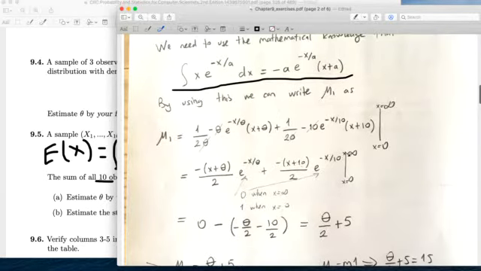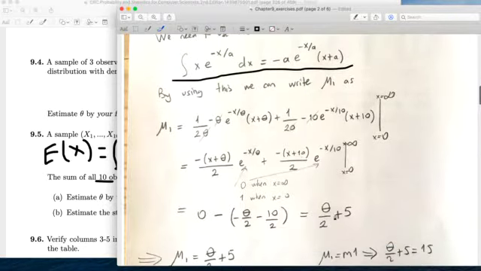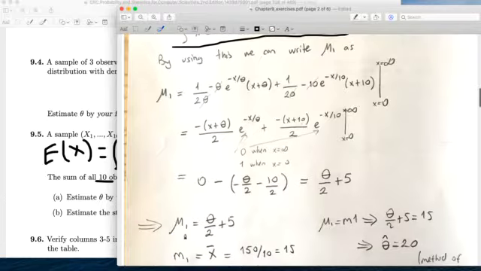In order to compute this integral, we compute the first term minus the second term. And mu1 turns out to be theta over 2 plus 5. So all these complicated equations at the end result in something really simple. Mu1 is simply theta over 2 plus 5.